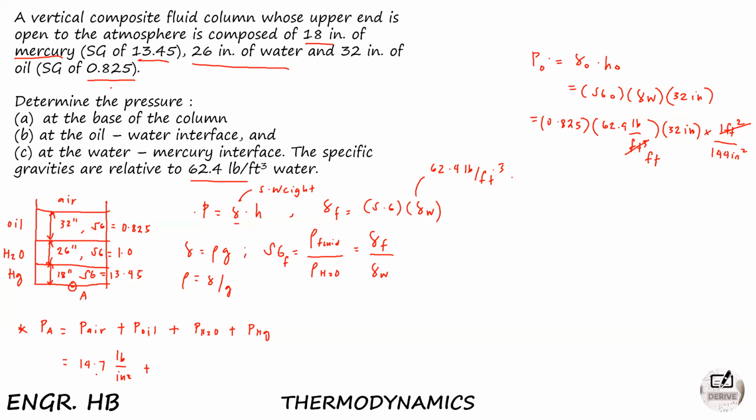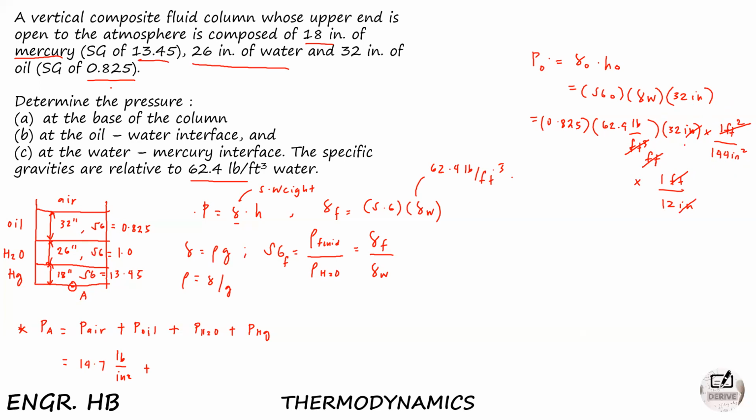Ang problema, meron pa tayong inches dito at meron pang feet. Pwede nating sabihin na in every 1 feet, there is 12 inch. So, pwede rin nating i-cancel itong feet at feet, inches at inches, at may matitira tayong square inch dito sa ilalim.